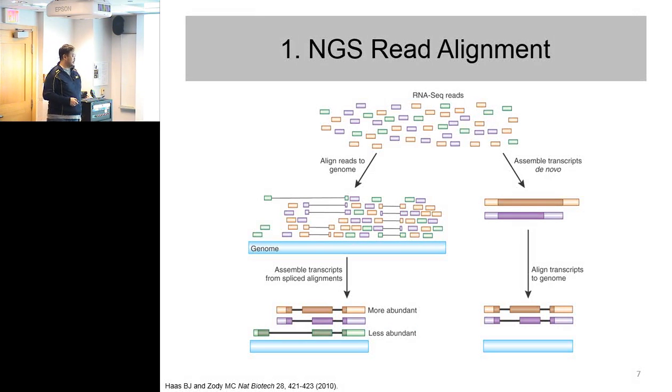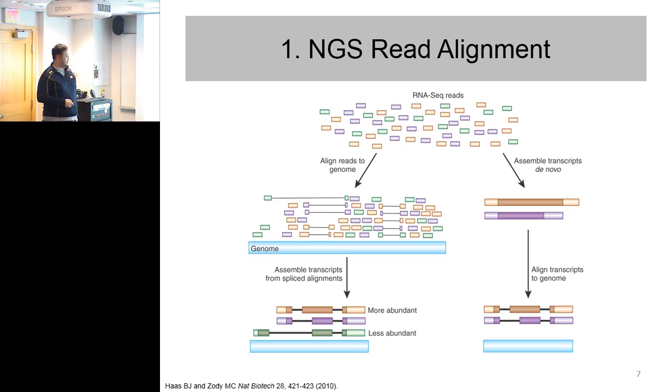To speak a little bit more about alignment, again, we have these RNA reads. And there are usually two major methods of alignment. The first is de novo, so that's basically assembling transcripts from the reads themselves and then aligning those transcripts to the genome.